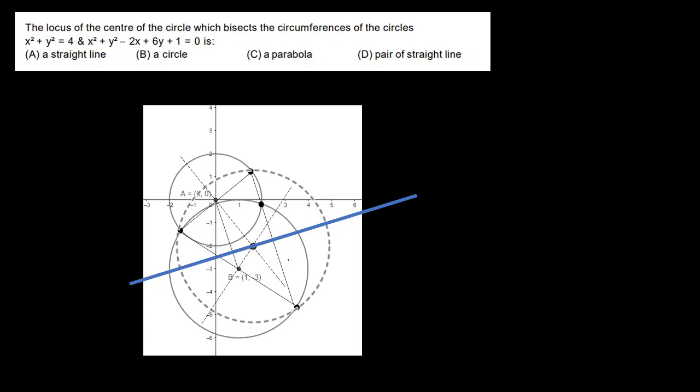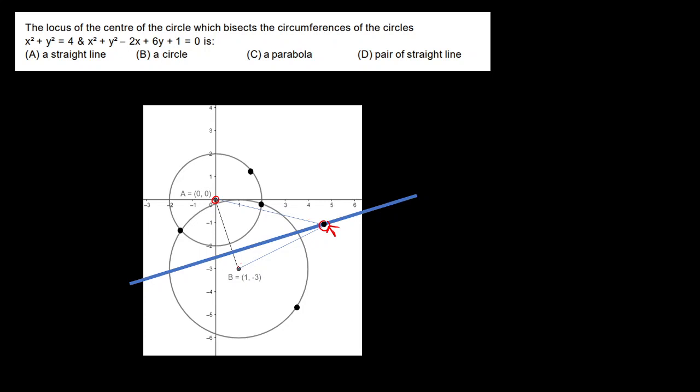I will also verify it for you. Let's take a random point somewhere here. This is a random point, and I can show you that I will draw a circle from this point which will bisect the circumference of the two fixed circles. Are you ready? Yeah, so what I do, I connect the center and this point, then I draw a diameter.